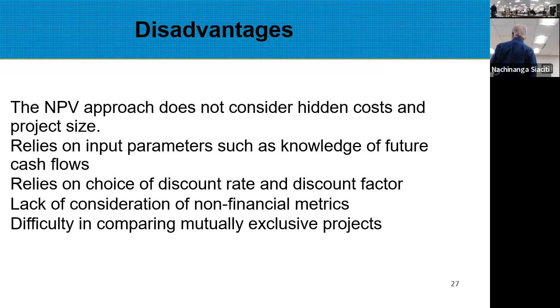And difficulty in comparing mutually exclusive projects. Say I've got this one project in South Africa, and I've got another project in Australia. Can I compare those two projects using these methods financially? Not really. Because they're really totally different projects, they're in physically different areas.